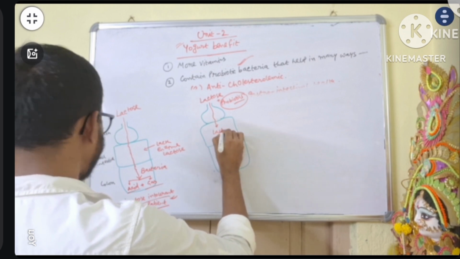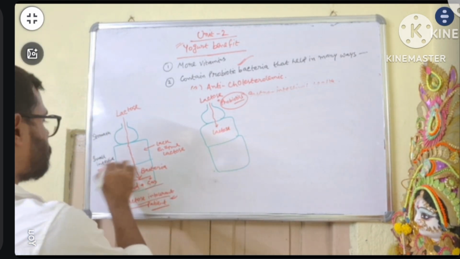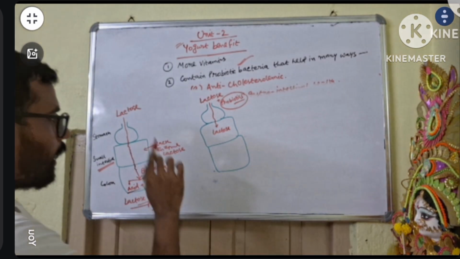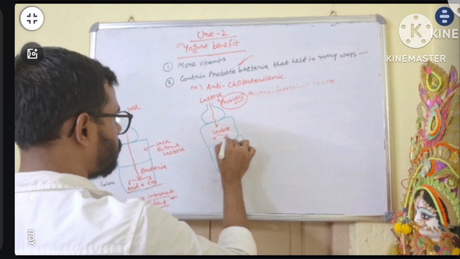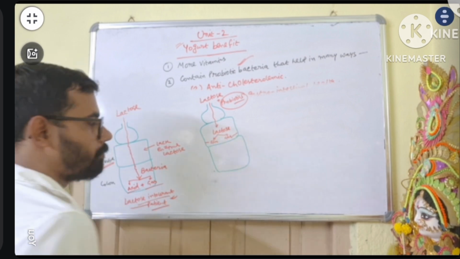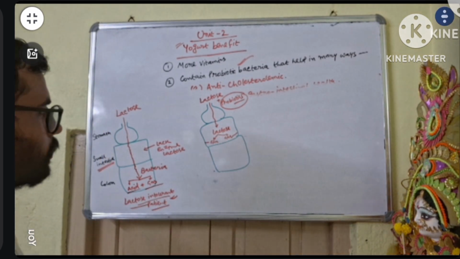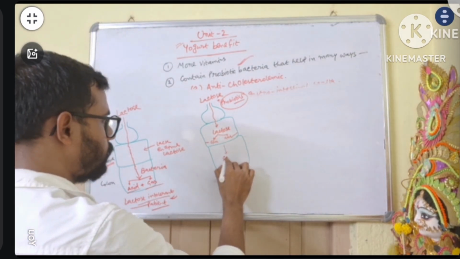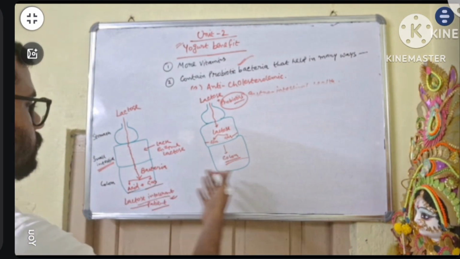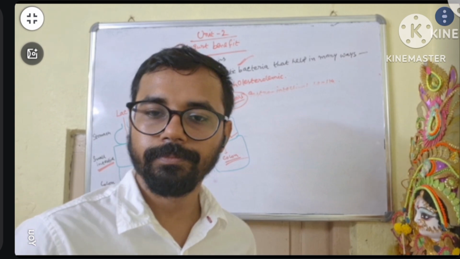So lactose inside the small intestine, before, could not be consumed, but now this lactose is broken down into glucose and galactose and it is absorbed in the small intestine. So it could not pass into the colon. Colon is empty, no lactose. No lactose means no acid, no gas, so no symptom.